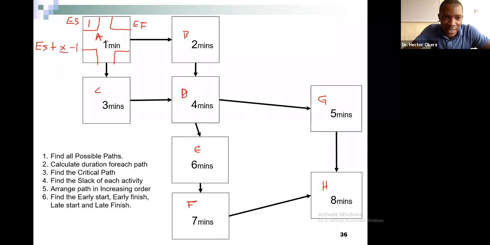Your value X is whatever you have inside your value. So early start is 1, plus 1, minus 1. 1 plus 1 is 2, minus 1 is 1. So your early finish is 1. Do you understand this part?